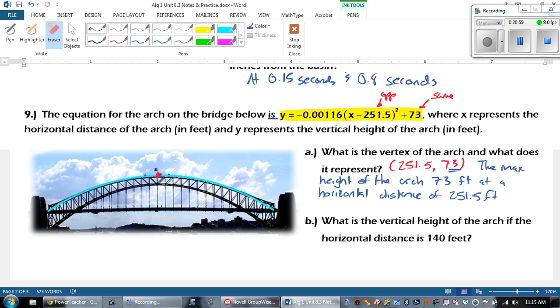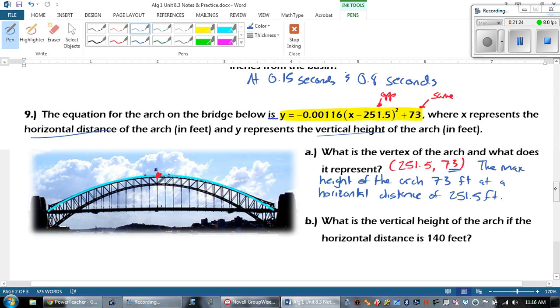Okay. So the reason why I got that, okay, I know that's 73. We talked about that the y is the vertical height, and x is the horizontal distance. So I'm just getting that directly from the problem, okay? Now, what is the vertical height of the arch if the horizontal distance is 140 feet?